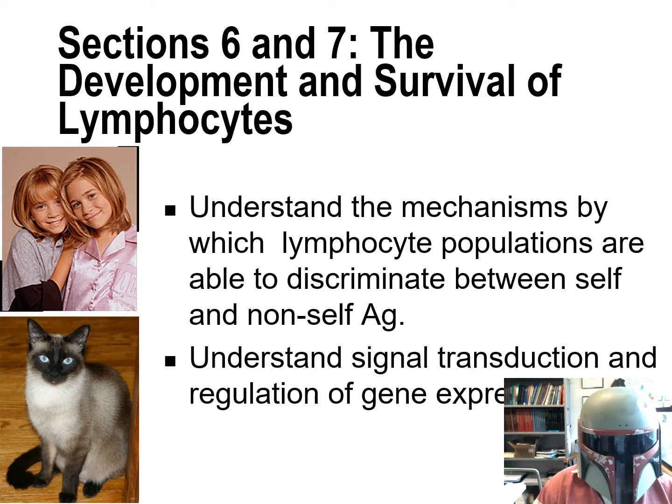The first time we go through this again, and we'll review, we'll take it slow, but again, we're going to talk mainly about gene expression and how we determine self from non-self. So there's going to be a lot of molecular events coming through as we go through this PowerPoint.